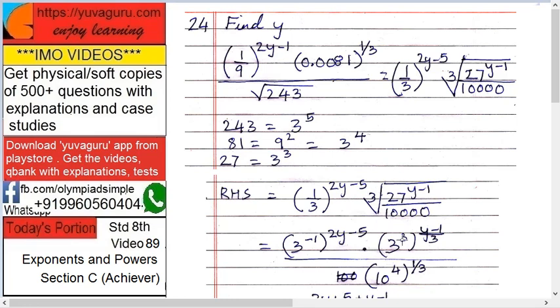So it becomes 3 raised to 3, right, raised to y minus 1 upon 3. Minutely understand this: 3 raised to 3 is 27, raised to y minus 1 upon 3 means this is the cube root sign, right? Upon this 10,000 means what? 10 raised to 4 upon 3. 10,000 means 10 raised to 4, and this cube root is applicable to both, so it's 1 upon 3.